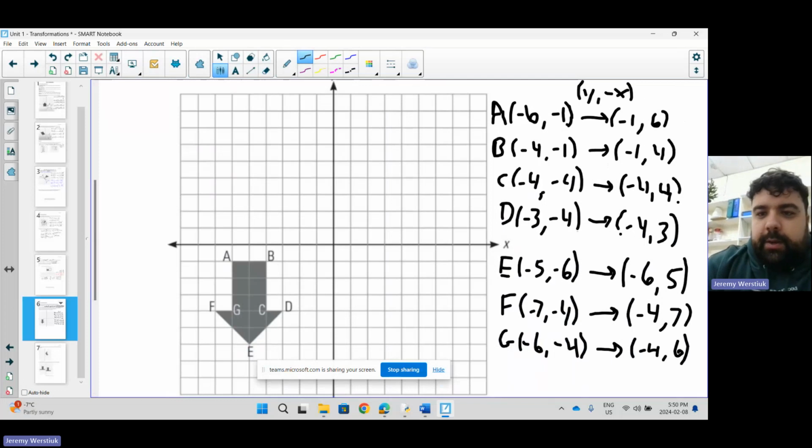As best as I can here on my little laptop screen, I'll try to label these. Point A is left 1 and up 1, 2, 3, 4, 5, 6. There's my point A. My point B goes down here. My point C goes right there. D goes right here.